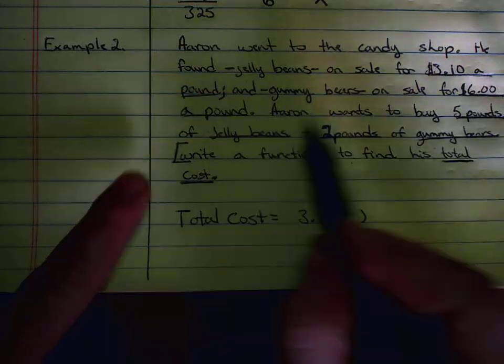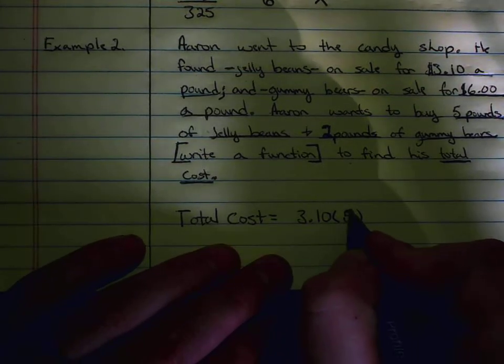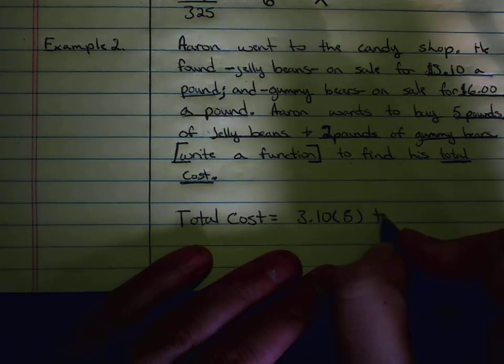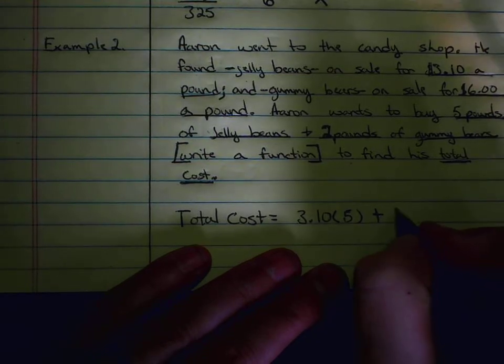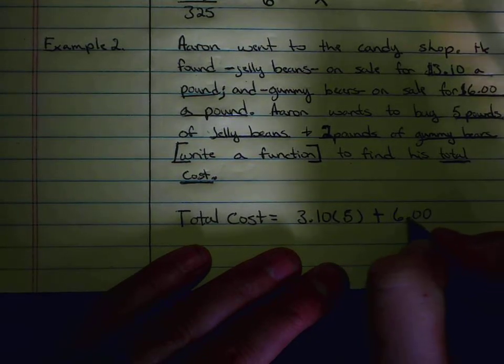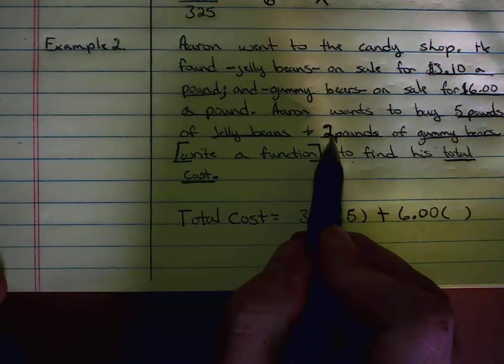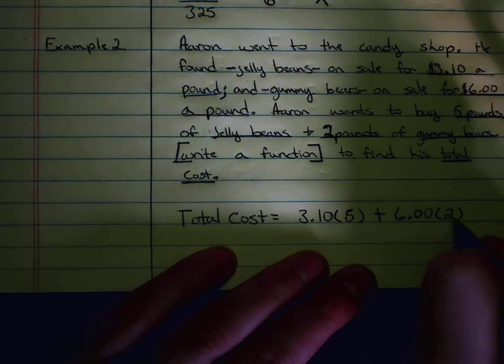It tells me 5 pounds of jelly beans, so I'm going to put my 5 pounds of jelly beans. But that's not all he's going to buy. He's also going to buy gummy bears. Gummy bears are $6 a pound, so I'm going to plug that in, 6.00. And he wants to buy 2 pounds of gummy bears, so I plug in the 2 pounds.